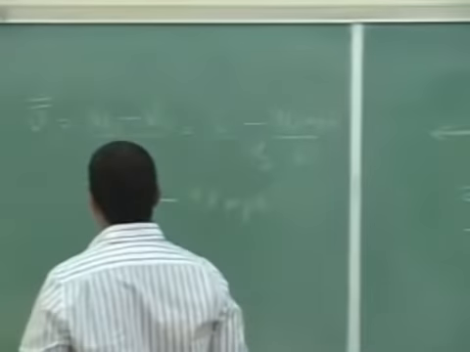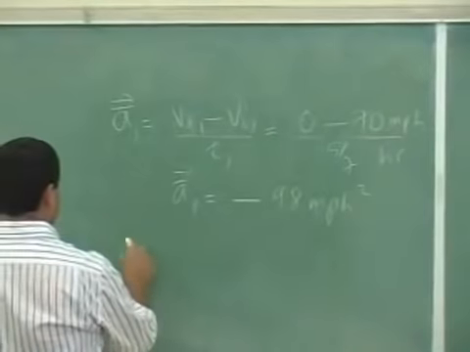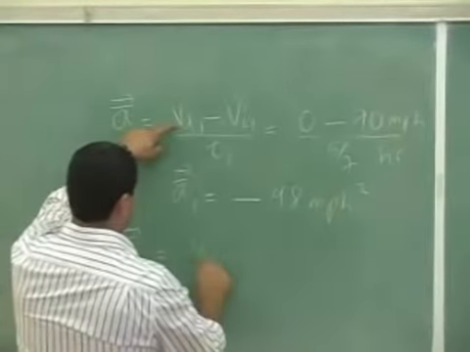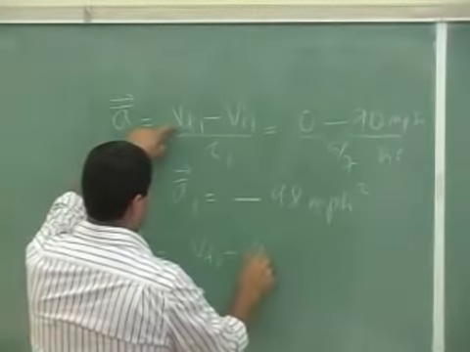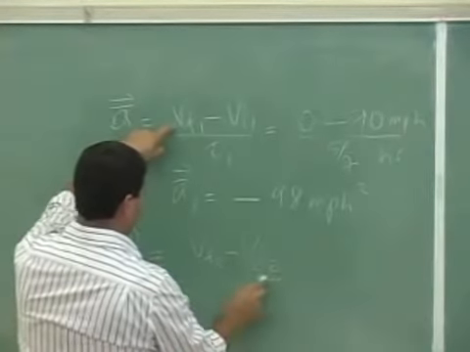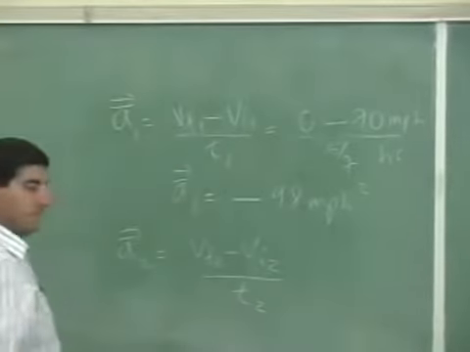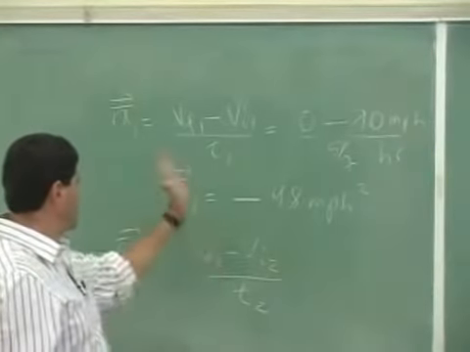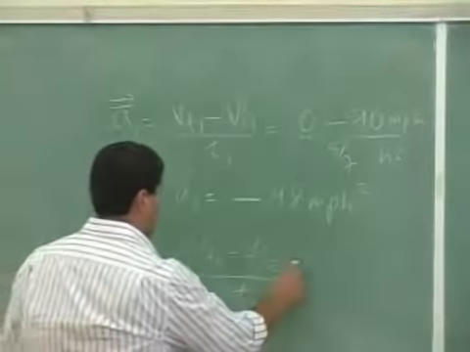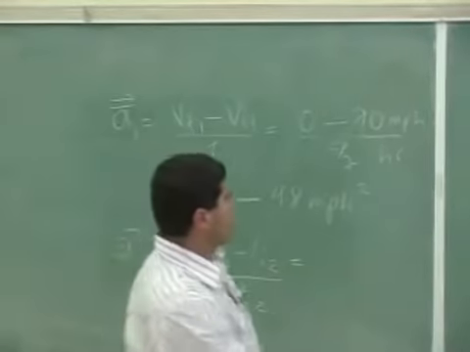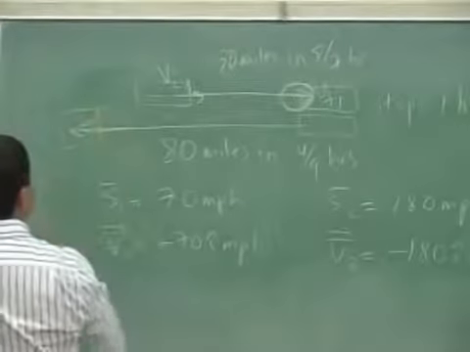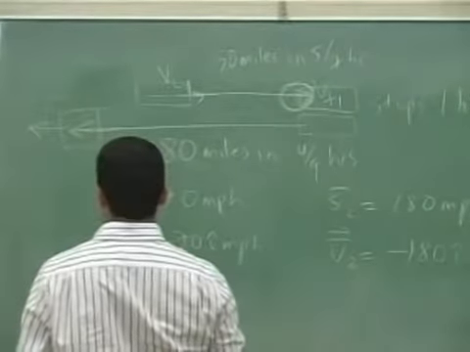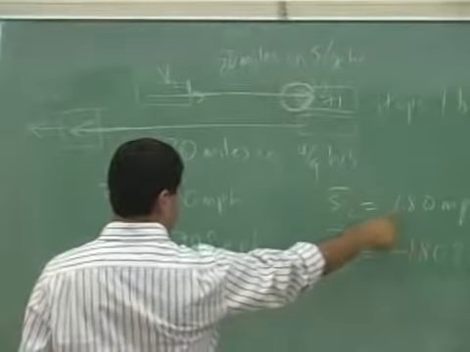Now, A average 2, we could do similarly. The final velocity at the end of stage 2 minus the initial velocity at the beginning of stage 2 over t2. Okay? The final velocity at the end of stage 2. Now what is that? Well, when the car went over here, one of the other assumptions we made is that the car kept going to the left at a speed of whatever it was going.